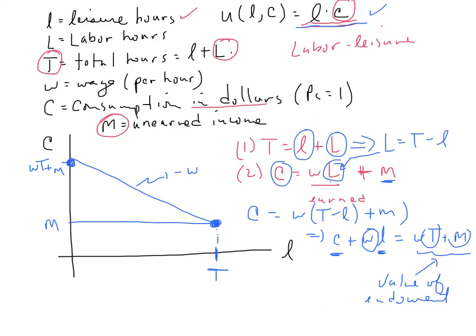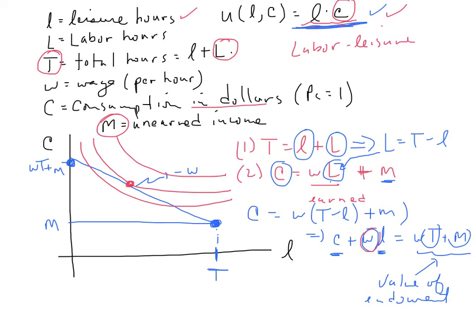Once we have the constraint set up, we can take our indifference curves, just like we always have, and superimpose them in the picture. If we have nice convex indifference curves like we do here, then we're going to be looking for a point of tangency. Alternatively, we can actually employ the Cobb-Douglas rule here.